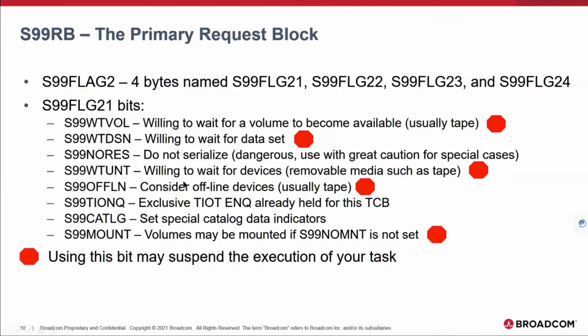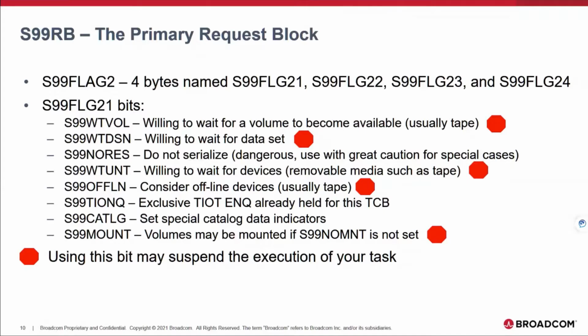This flag says I'm willing to wait for devices, and this is typically for tape. So normally what happens is you'll have 2 or 3 systems that are sharing a set of tape drives, and the tape drives are varied offline to most of the systems, but they're varied online to certain systems that are using them.